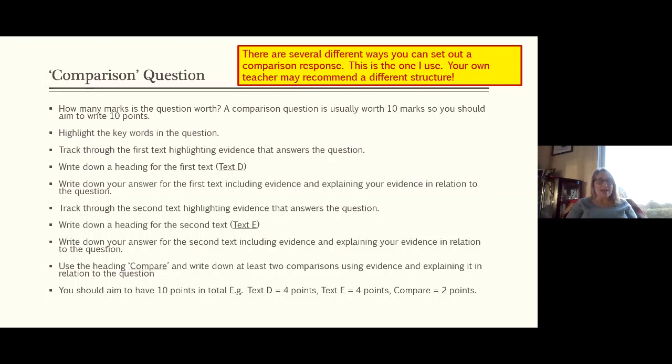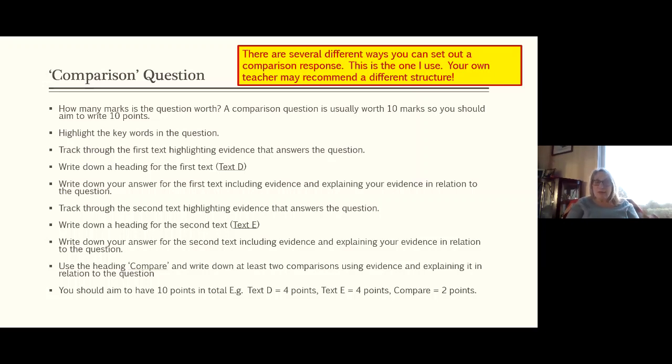And then, similar to the synthesis, I would write down a heading of text D, and then write down your answer for your first text, including evidence and explaining it in relation to the question. And then you track through the second text, highlighting evidence that answers the question. Write down a heading for the second text, text E, and then write down your answer for the second text, including evidence and explanation in relation to the question.